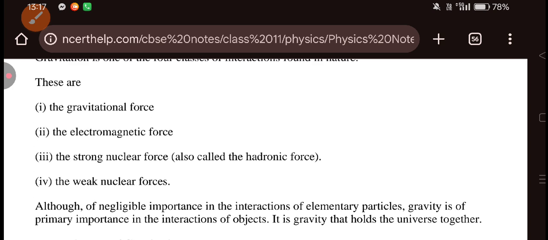Second is the electromagnetic force. It is taught in 12th standard. Right now we will not discuss electromagnetic force in detail, but a little bit. And third we have the strong nuclear force, also called the hadronic forces. And fourth is the weak nuclear forces.